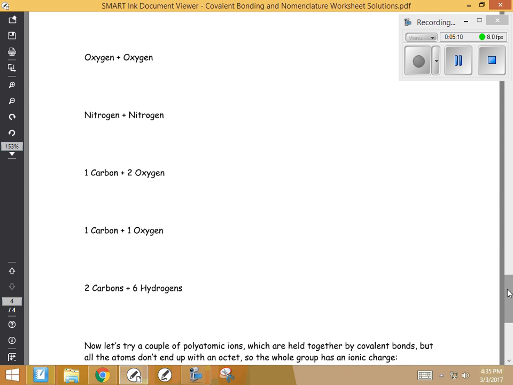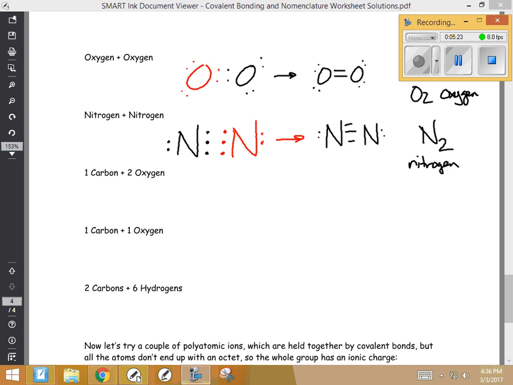Moving on to these guys, I am going to show you very quickly, even though these are in the introduction to double and triple bonds. I'm going to pause it here, and I'm going to do our solution. Okay, what you're going to see here is, generally speaking, oxygen is a double bond. You can see that each oxygen commits 2 electrons, still has 2 unshared pairs, and that's what we can look at right there.